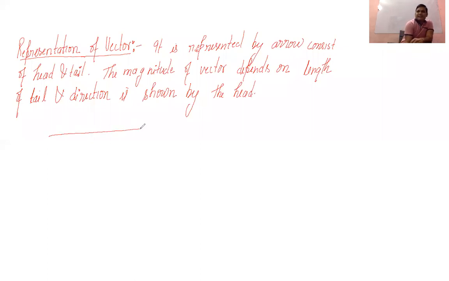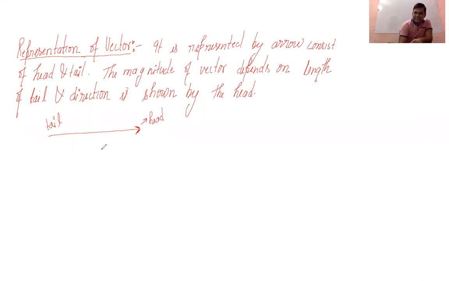So this is basically the representation of vector. This is the head, and this is the tail. The magnitude of the vector depends on the length of the tail. Suppose I'm talking about the position vector. The length of the tail of position vector implies a higher magnitude.